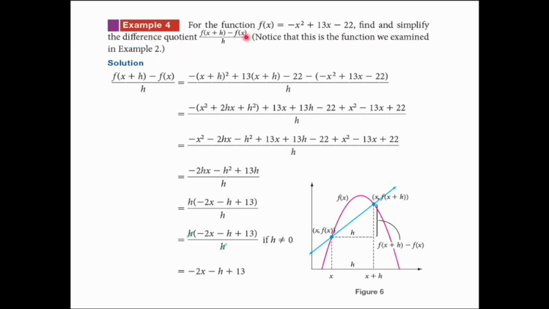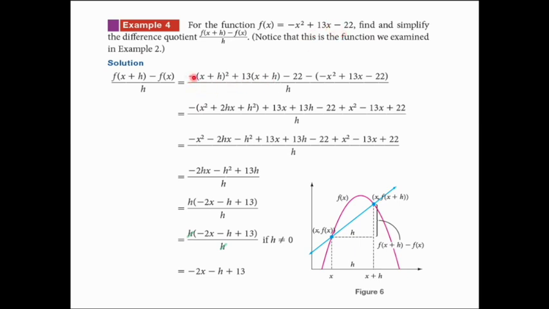So we want to find the difference quotient using this form right here, and we want to find the difference quotient using this function right here. So everywhere we see x in our function, we need to replace it with x plus h. We're evaluating f at x plus h. So when I plug in x plus h here and here, this is what we're going to get.